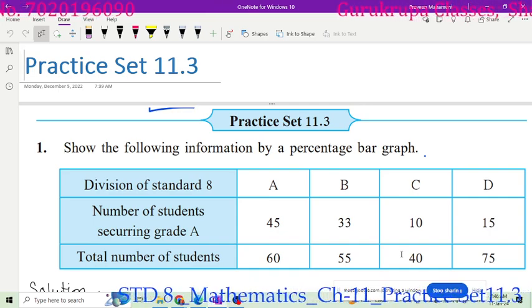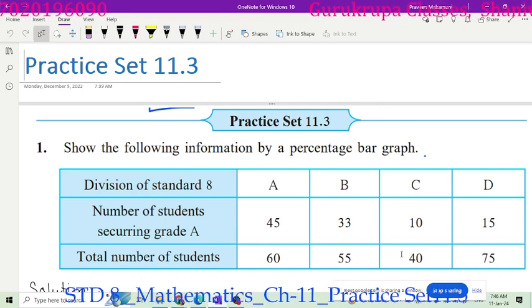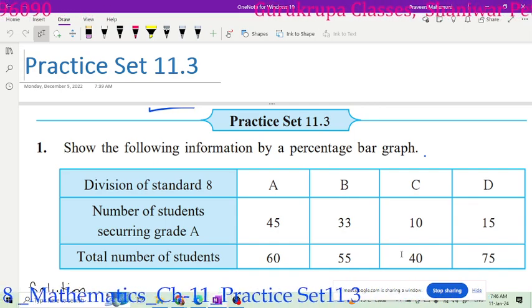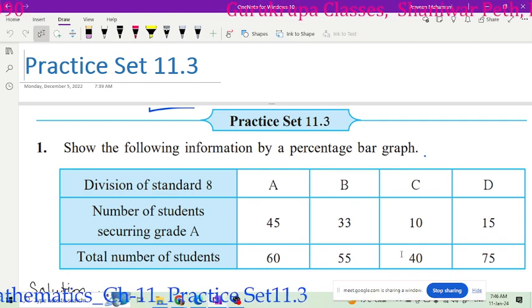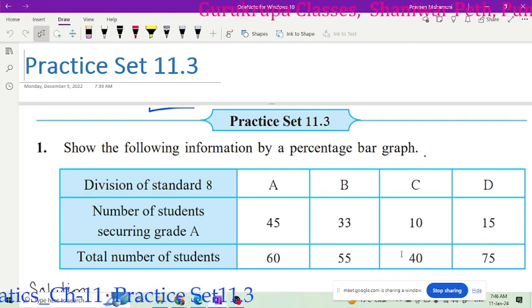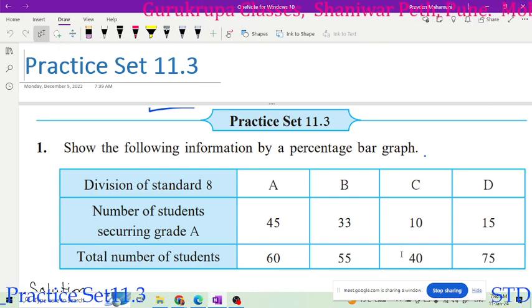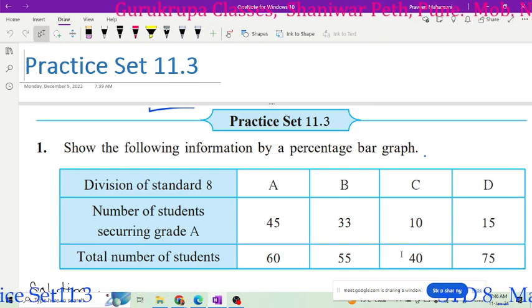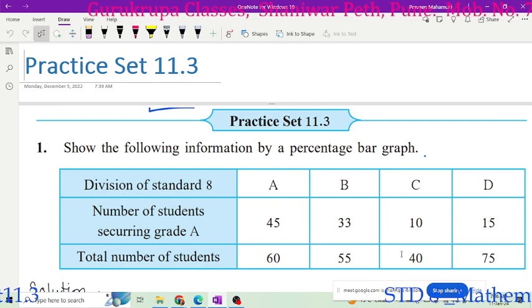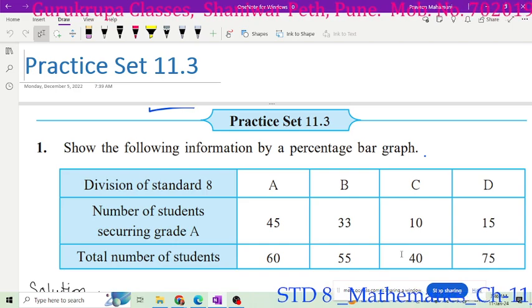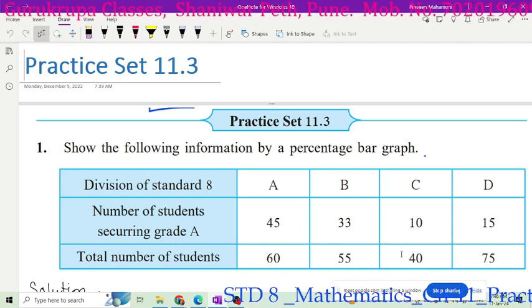Now the total number of students is also given to you. So this information is provided for each division: how many total students there are and how many students secured A grade. You are asked to show this information by drawing a percentage bar graph.